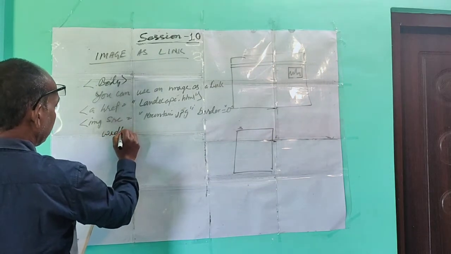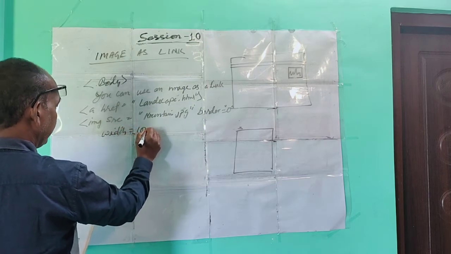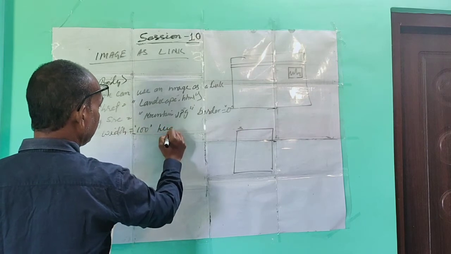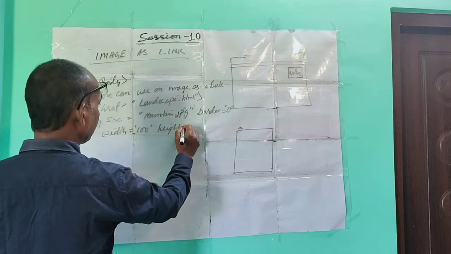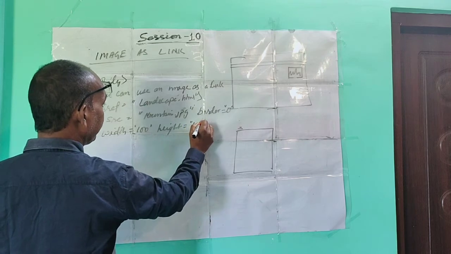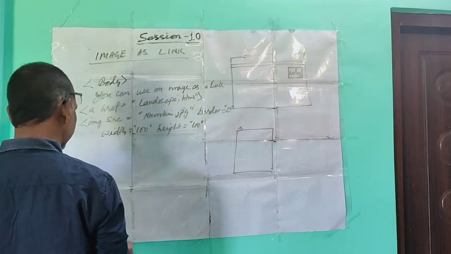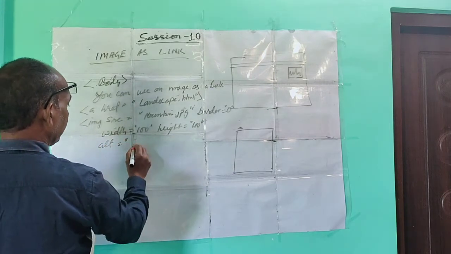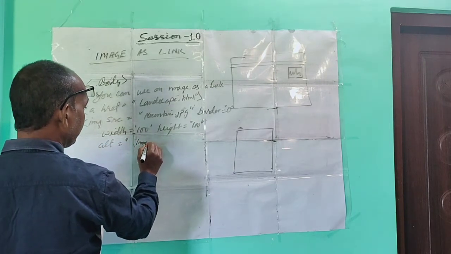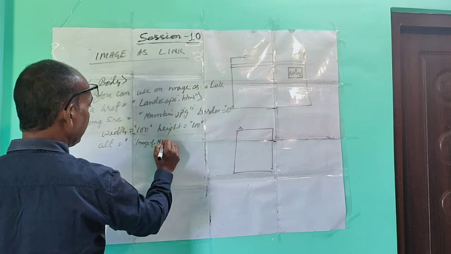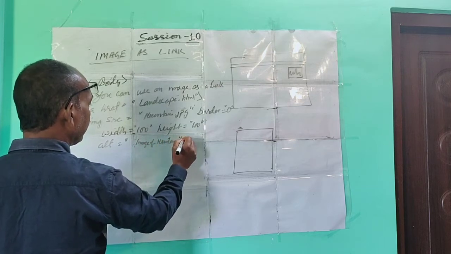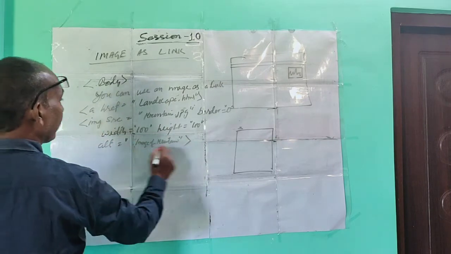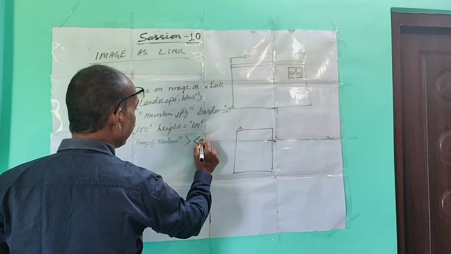Width equals to 100, height equals to, say, 100. Then also use ALT, image of mountain. Then tag close, and after that close the anchor here.